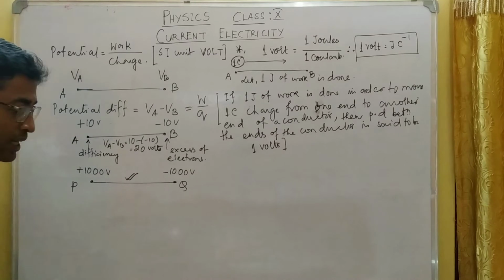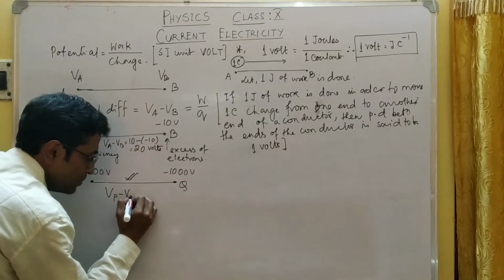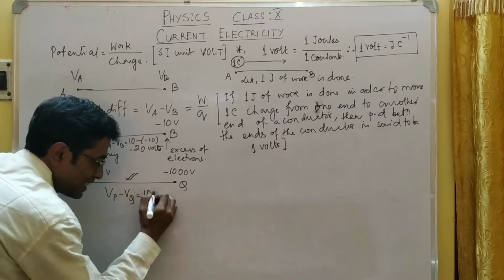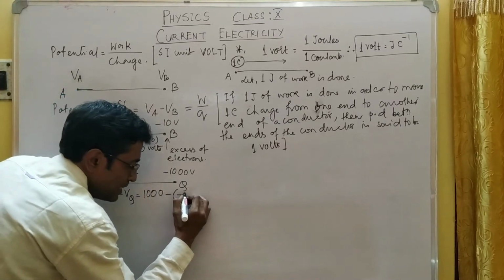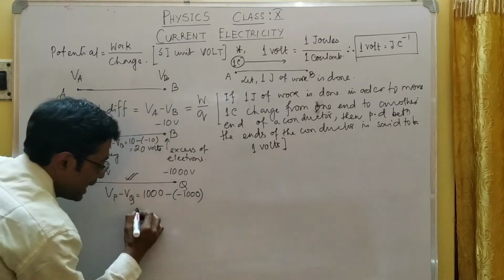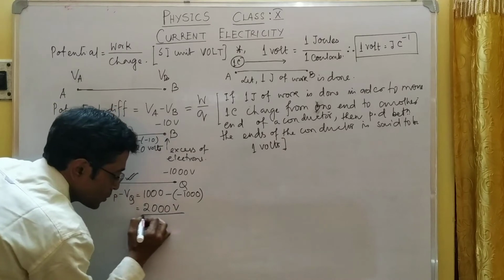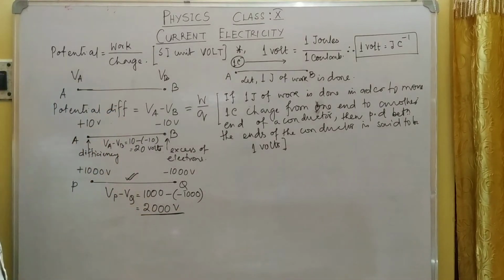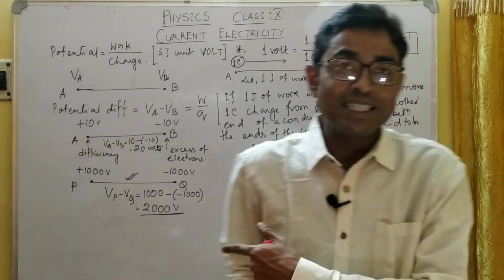And what about this one? Here VP minus VQ equals plus 1000 minus of minus 1000. So that gives me 2000 volts. So in which case is the potential difference greater? In case of PQ, that is the second case.